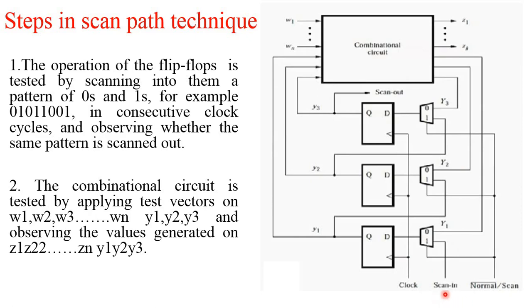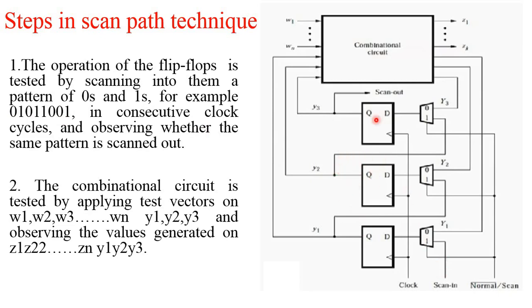In the scan-in method, at the scan-in pin we apply the patterns, in the form of zeros and ones. After applying the clock signals, the scan inputs are tested by the shift register. Then we check whether the scan output is correct, that is, whether the scan inputs 0, 1, 0, 1, 1 come out as the same pattern at the output.